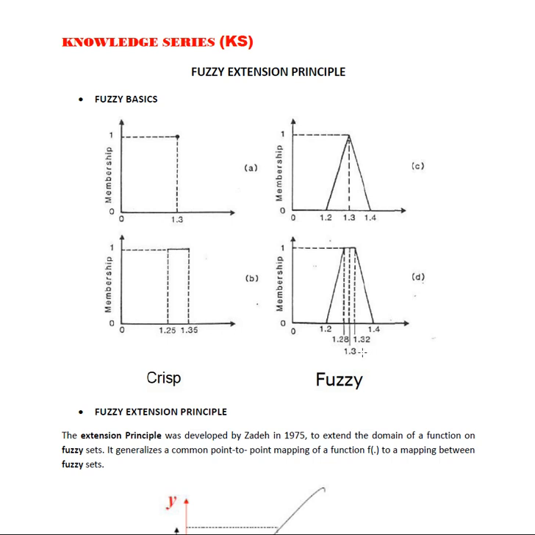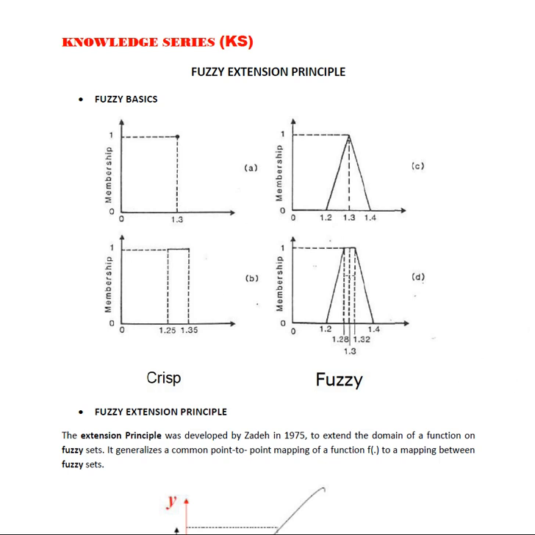Similarly, in the fuzzy case between 1.28 and 1.32 you have a range where the value is equal to 1, and outside of that you have a range of values, and at 1.2 and at 1.4 you have 0 values.